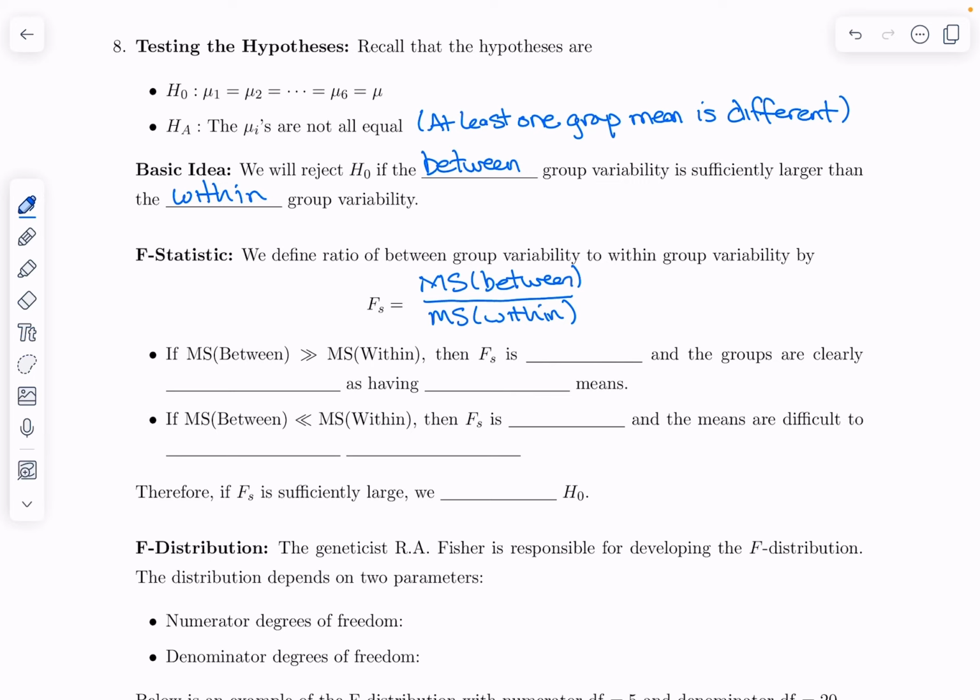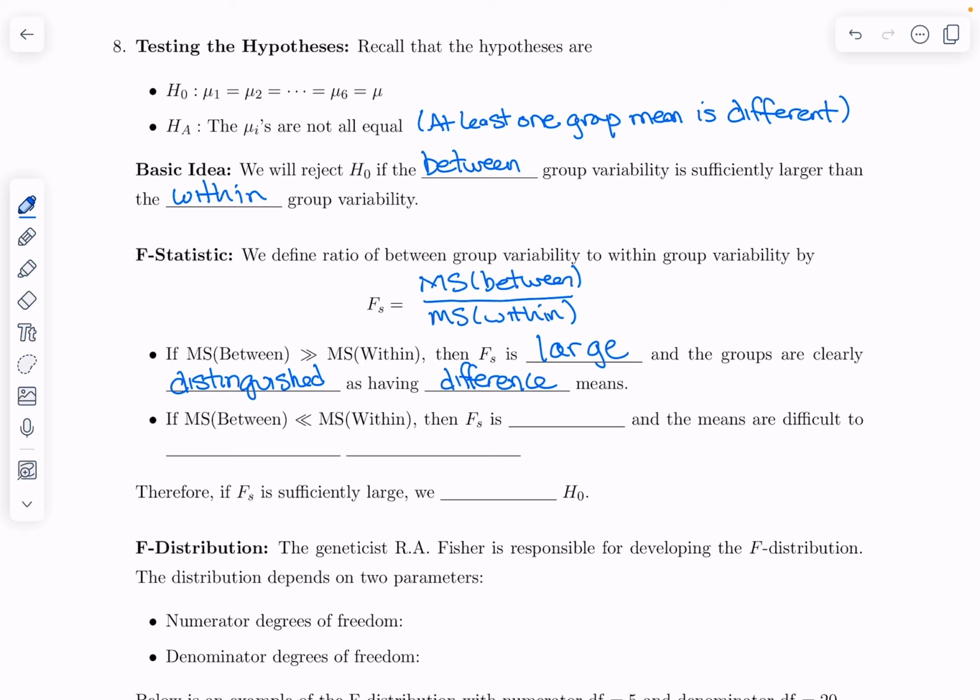If mean square between is much greater than mean square within, then the F statistic will be large. Okay, and if my F statistic is large, the groups are going to be very clearly distinguished as having different means. So if the variability between the groups is much bigger than the variability within the groups, I'm going to get a large test statistic.